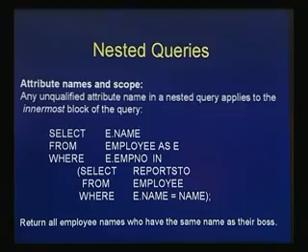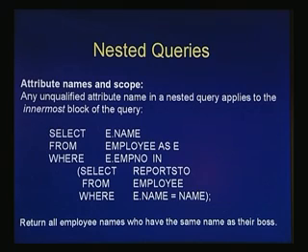Therefore, let us have a look at the previous slide once again. For the time being, consider just the outer query. Assume that there is just one select statement, which is the outer query. This statement says select some attribute, that is E.name, from the set of all tuples in employee where some condition, that is E.employee number in whatever.